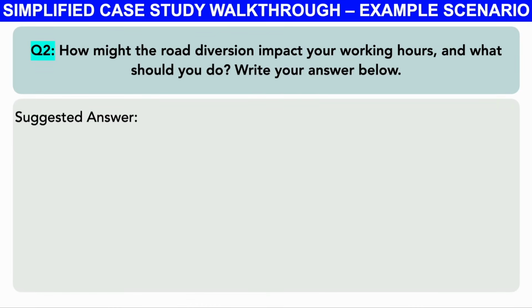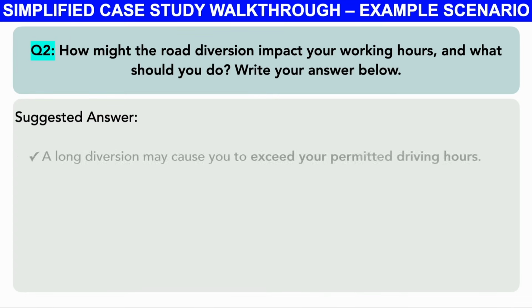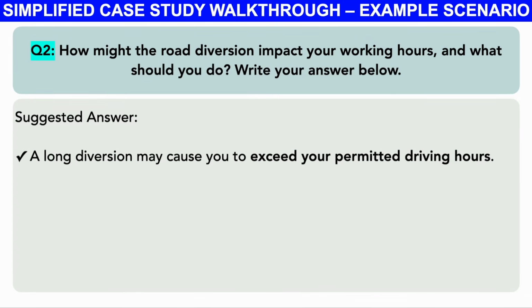Many people find it easier to bullet point their answers. That's absolutely fine. If that works for you, do that. It's better to be clear and concise than to talk a load of waffle. So here are some things to consider in your answer. A long diversion may cause you to exceed your permitted driving hours.